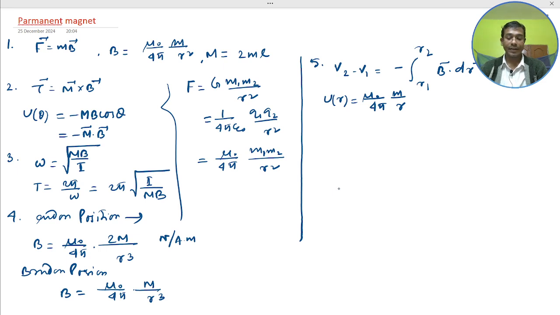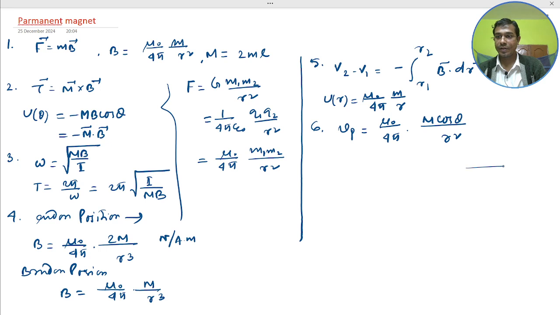Here is the magnetic scalar potential for a magnetic dipole. The scalar potential Vp would become μ₀/4π · M cos θ divided by r². This is the N-S of the magnet, this is the angle θ and the r.